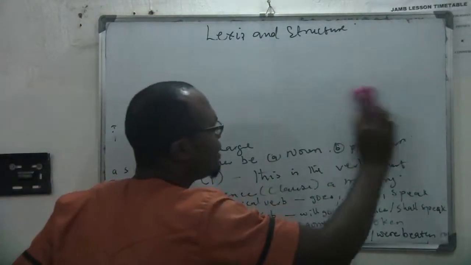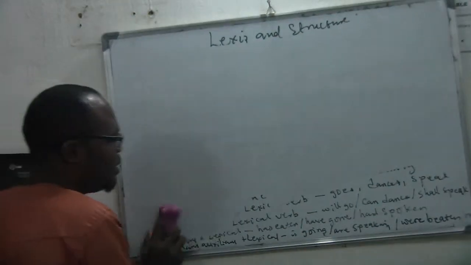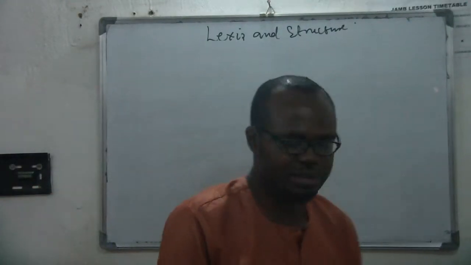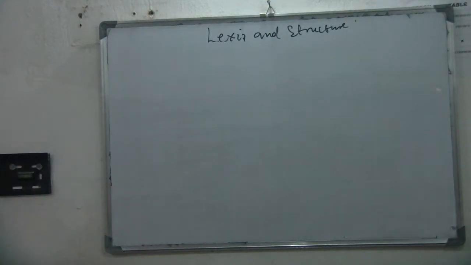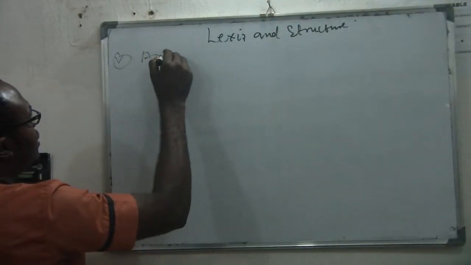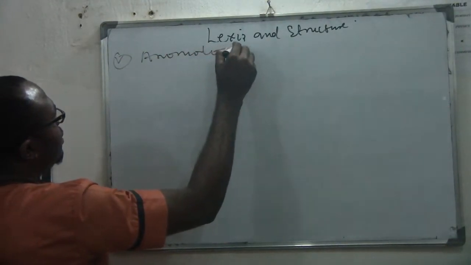Now we have one last style with which your verb or your predicator can come in. One last one. And that is what we call anomalous alone. You understand? The V. It can come as the word anomalous alone.